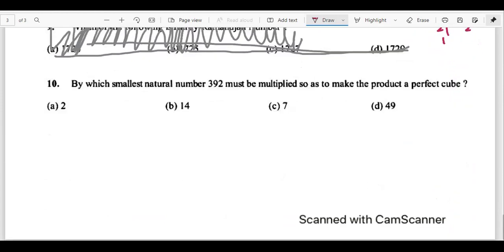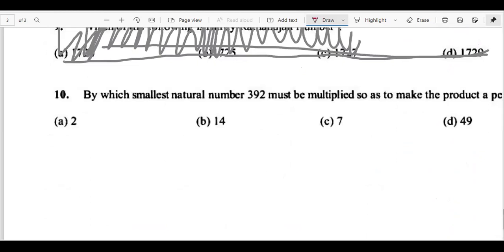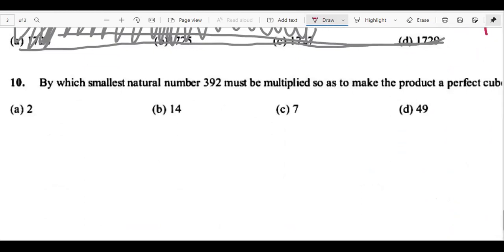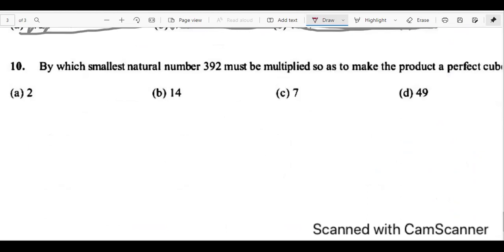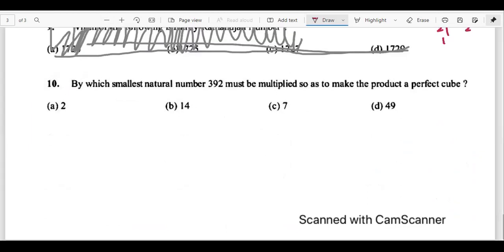Now this is important. Let me zoom out. The question is, by which smallest natural number must 392 be multiplied so as to make the product a perfect cube? Forget about the answer, let's think about the question.